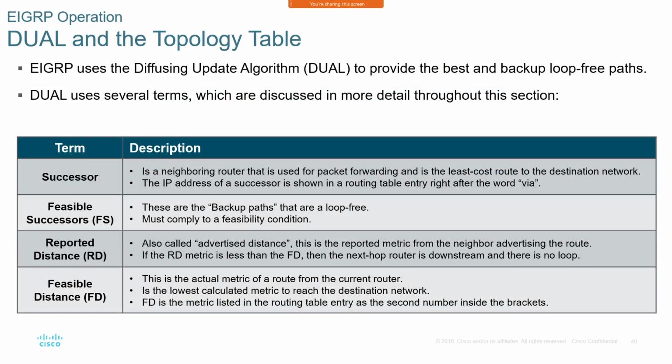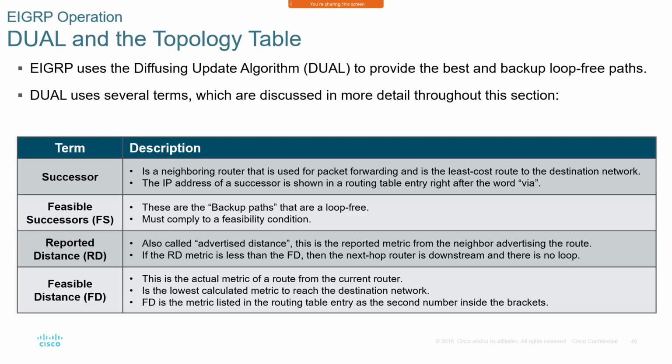Now, how does the DUAL algorithm work? It works based on the calculation of the metric. Once the topology table is built and all the metrics are calculated, the router will analyze every single one of the entries in the topology table. Now we need to know some definitions of the routers involved in the EIGRP process.